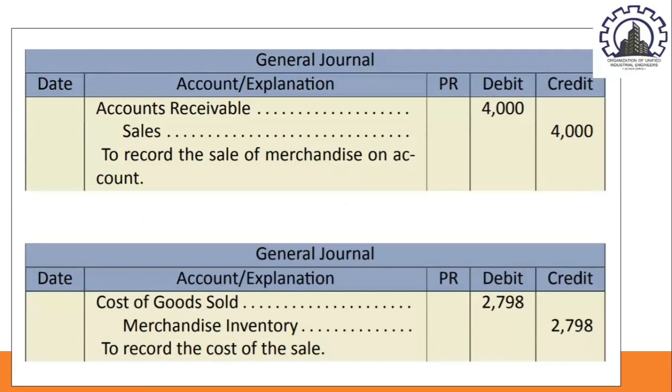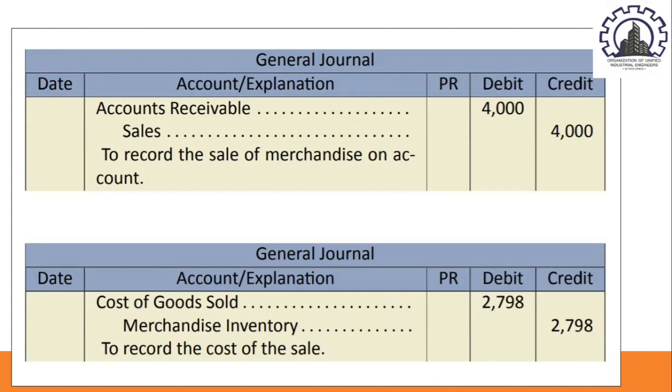On the other hand, you have their cost of goods sold. This is the second method, okay? So you have cost of goods sold being debited, amounting to $2,798. And you also have merchandise inventory being credited, amounting to $2,798 to record the cost of sales, all right?